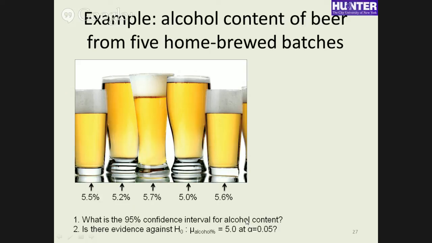That's a confidence interval estimation problem. Alternatively, is there evidence against the null hypothesis that the mean alcohol percent content of all beers produced by this process is 5.0? That's what we'll do next class.